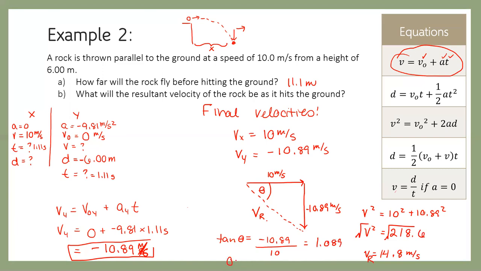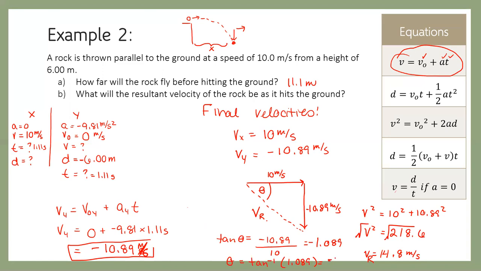So your angle is equal to tan minus 1, shift tan of 1.089, and that's going to give us 47.